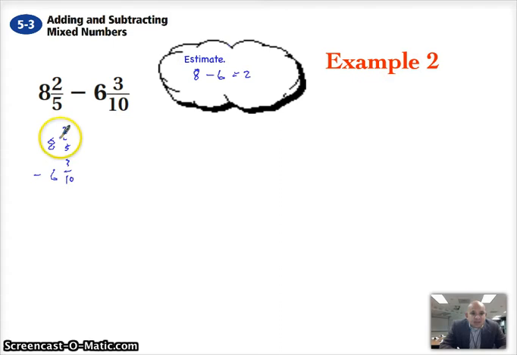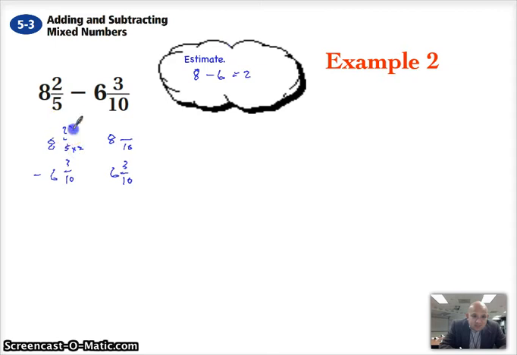2/5, 3/10. The least common multiple of 5 and 10 is 10. So I'm going to leave this 6 3/10. It already has a 10 as a denominator. What I have to do is change the 8 2/5. So what did I multiply times 5 to get 10 as a denominator?